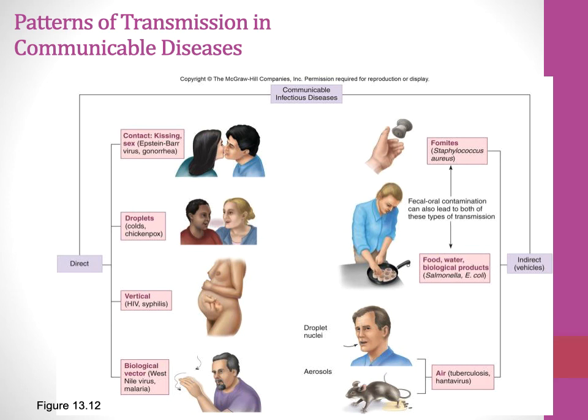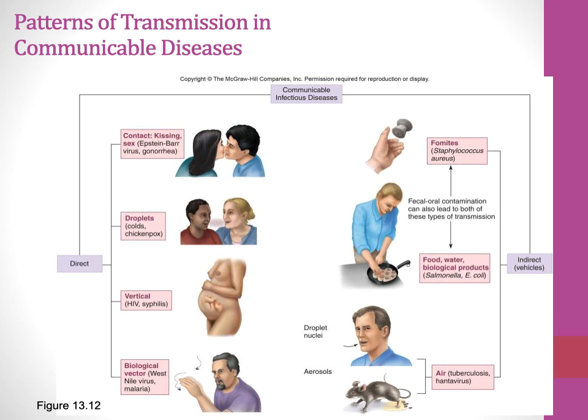Social distancing helps to decrease the chance of transmission when we have respiratory droplets being the route of transmission. We can also have vertical transmission. This is transmission from mother to fetus through the placenta. And we can have biological vectors, through a bite that allows for transmission.